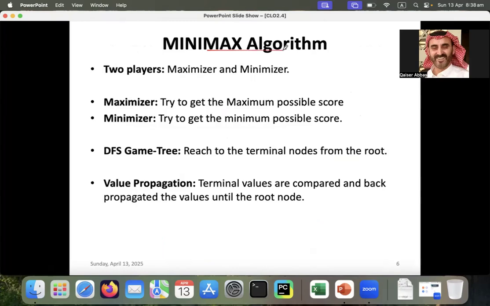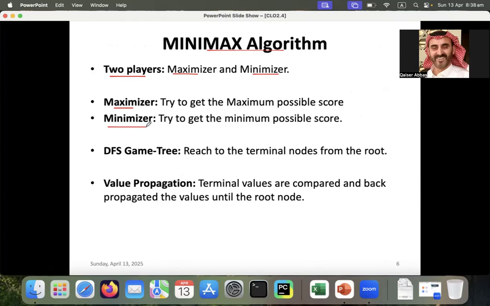So what are the different things existing in the minimax algorithm? This algorithm deals with only two players. One is the maximizer, other is the minimizer, or you can say max and min. The maximizer will try to maximize the value, and the minimizer will try to minimize the value.